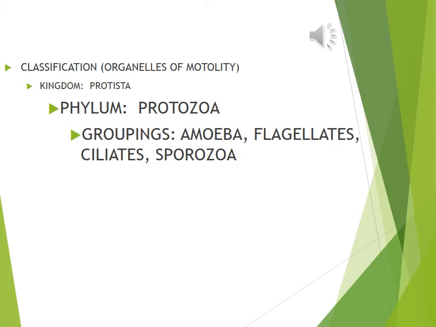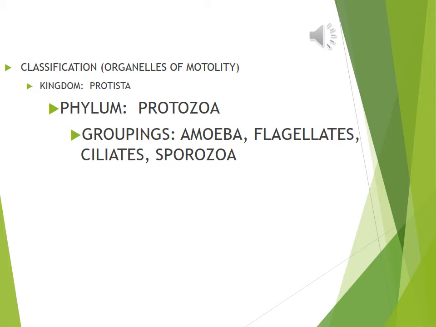Third group of protozoa are Ciliophora. They have pellicle or cilia. Example is Paramecium.